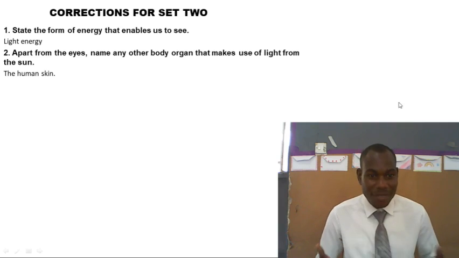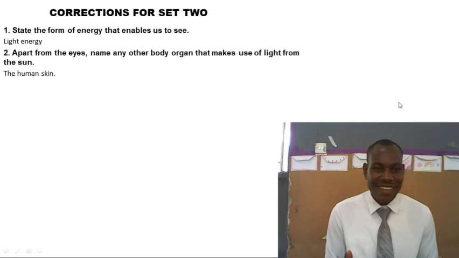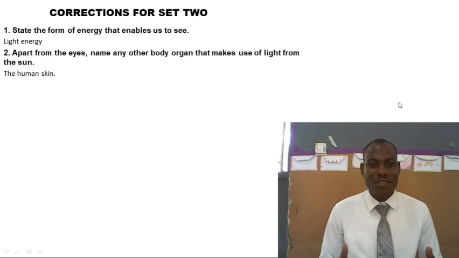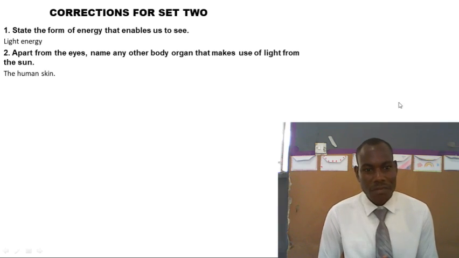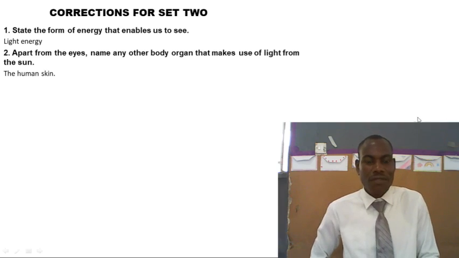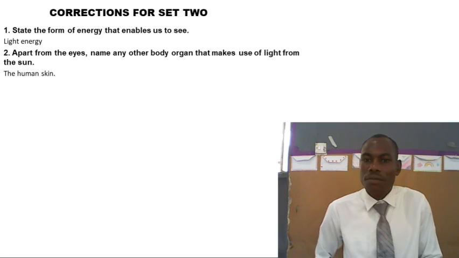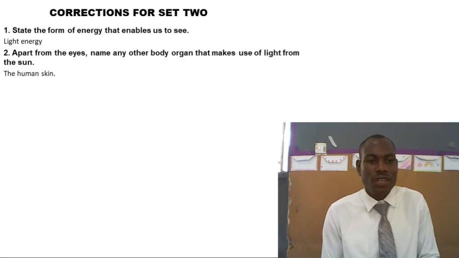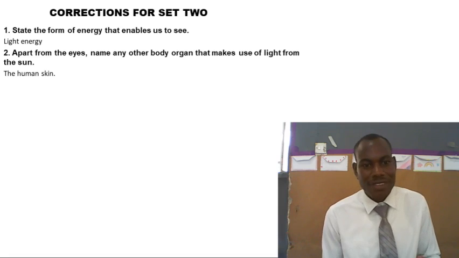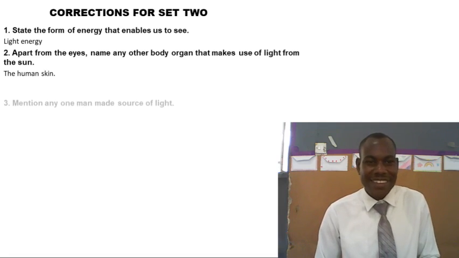What does the human skin use light for? The human skin uses light from the sun to make vitamin D. So apart from the eyes, it is also the human skin that makes use of light.